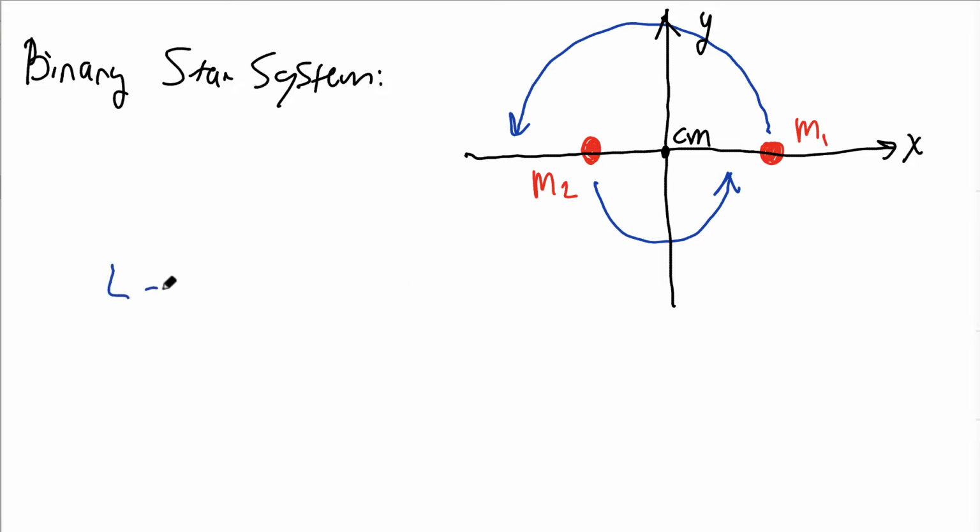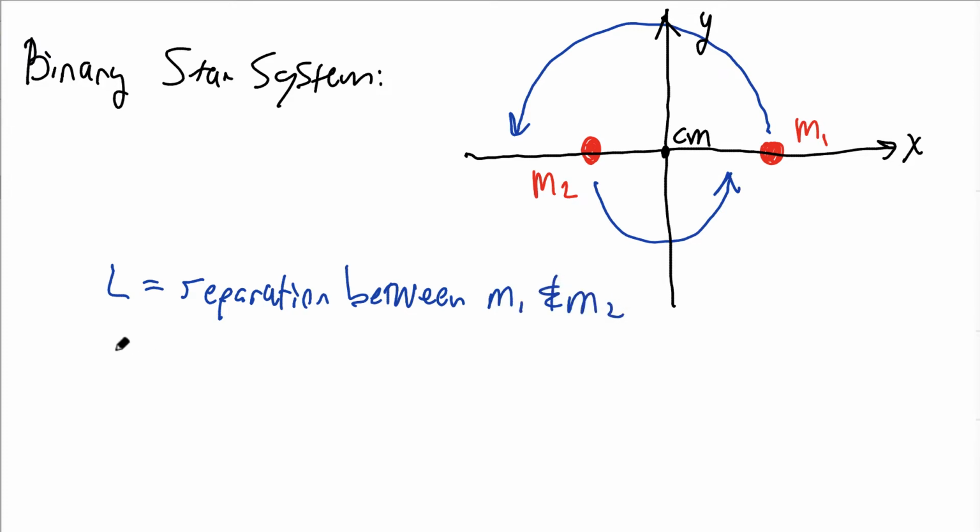We'll use L to denote the separation between the two stars. R1 is the radius of M1's orbit.